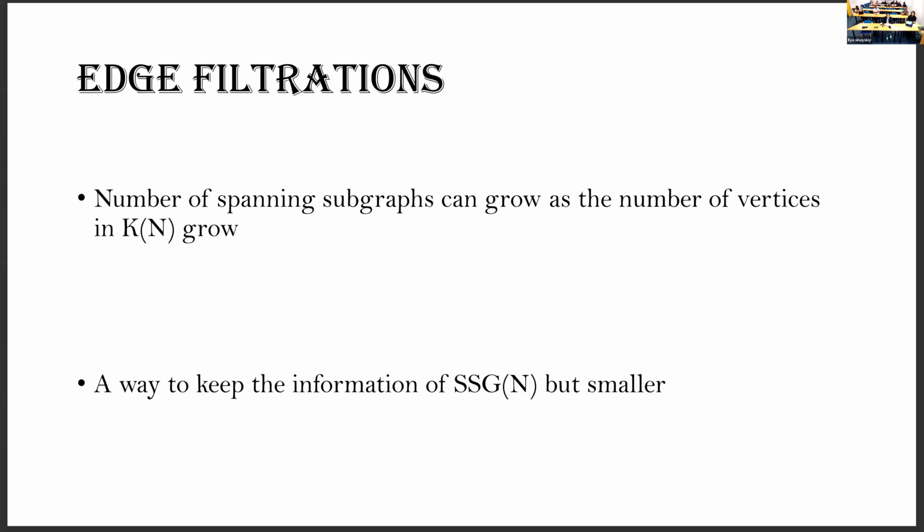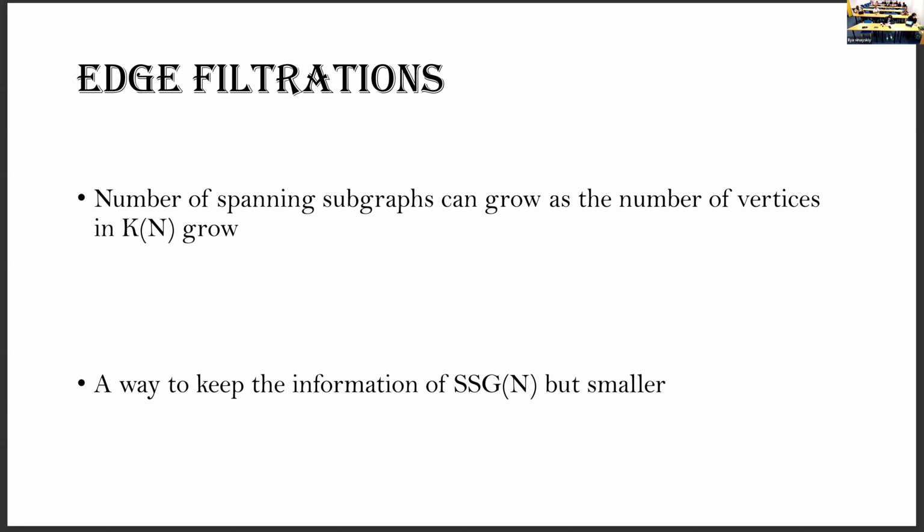This is an interesting perspective to have about filtrations, to see it as a maximal chain in a partially ordered set. But the problem with this is, as the number of vertices grows, the number of spanning subgraphs associated to Kn grows, and it becomes enormous. SSGN becomes tremendously big. And like I mentioned, we always need to keep an eye on the computational aspect. It is technically an area of applied maths.